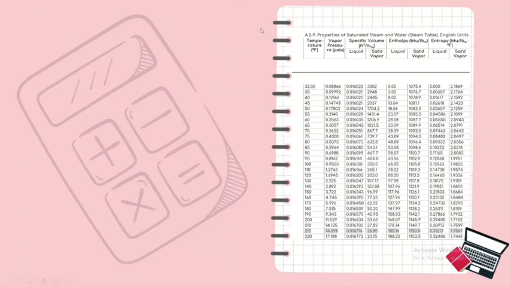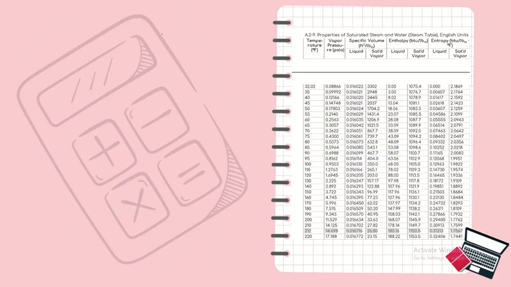So we have here a table from the book of John Coplis. You can look for it, or we can also find it online, of course. From this table, we can get the enthalpy of water both in liquid and in saturated vapor.